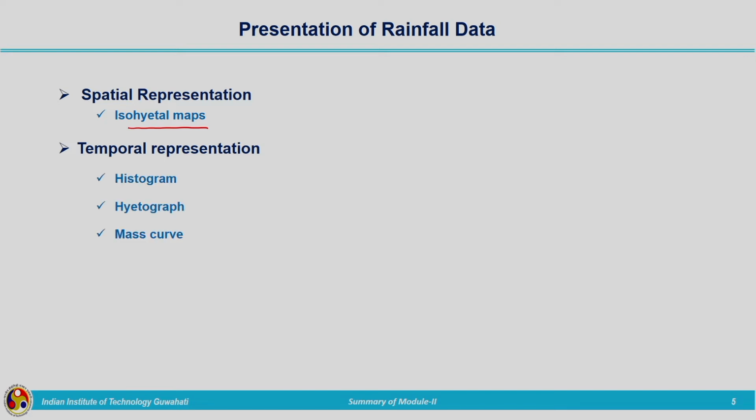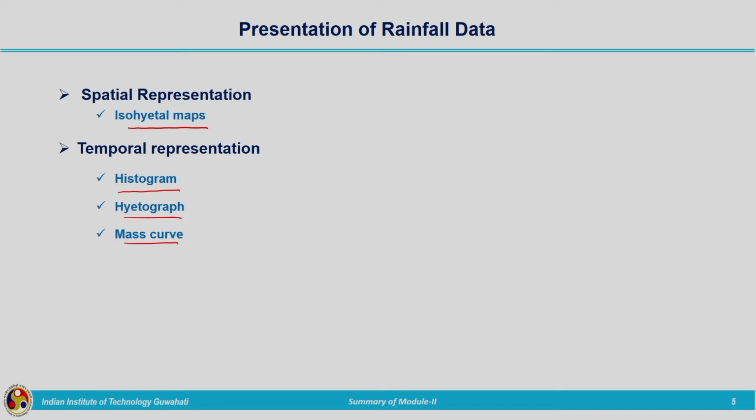Then coming to temporal representation, we have seen three representations: histogram, hydrograph and mass curve. In the case of histogram, rainfall depth versus time was marked in terms of a bar chart. So, this will be giving us an idea about how much the rainfall depth was at a particular time.